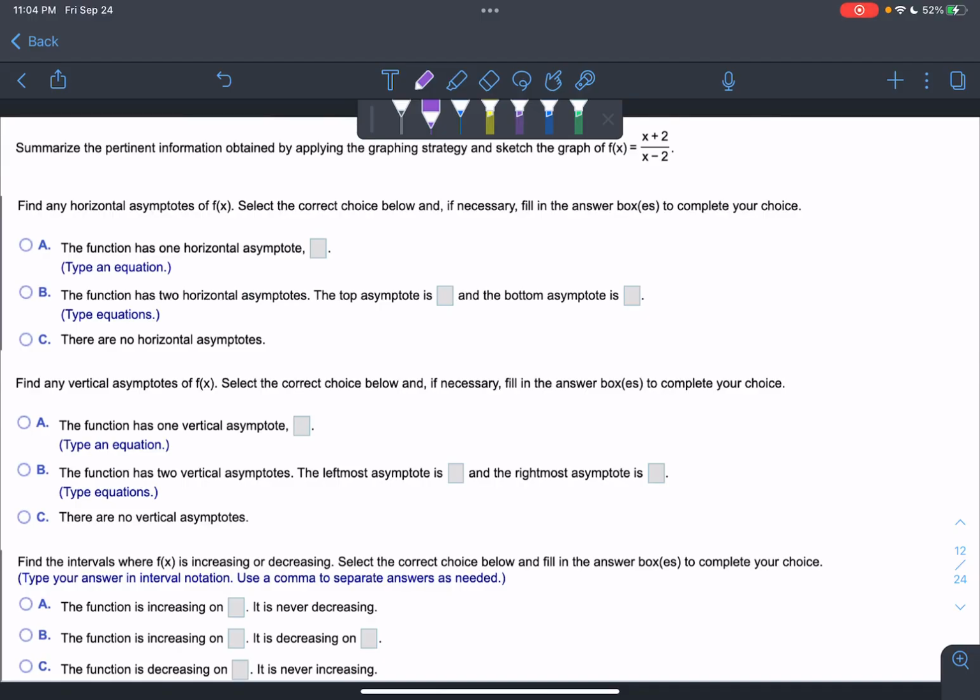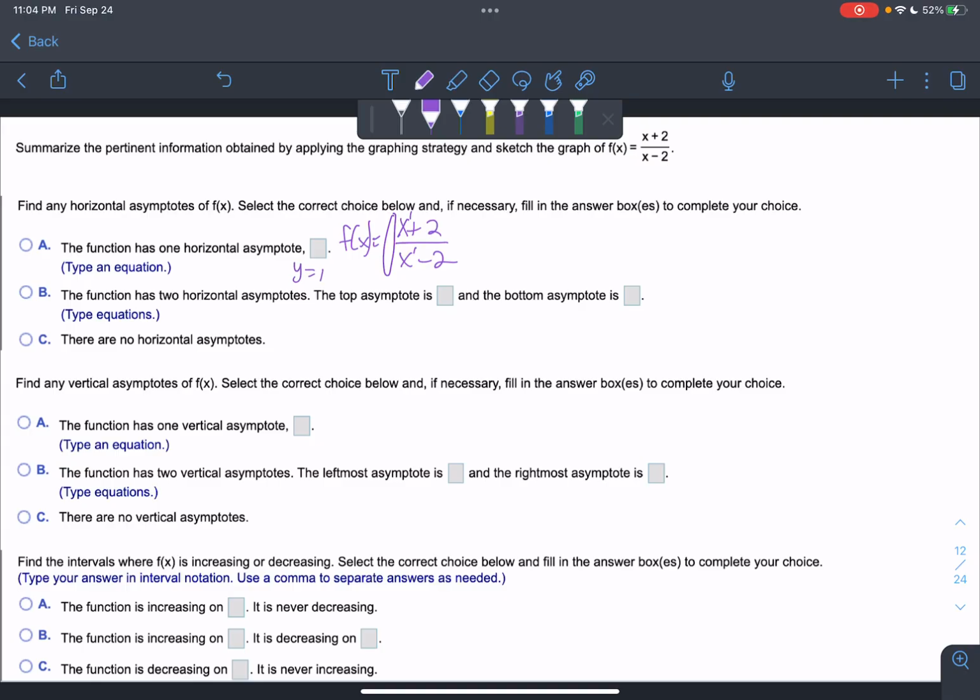Okay, so the next part, we want to know the horizontal asymptotes. For horizontal asymptotes, you look at the degree of x plus 2 and x minus 2, because we have a rational function. You would just take the coefficients since they're the same, they're both 1. So our horizontal asymptote is y equals 1.